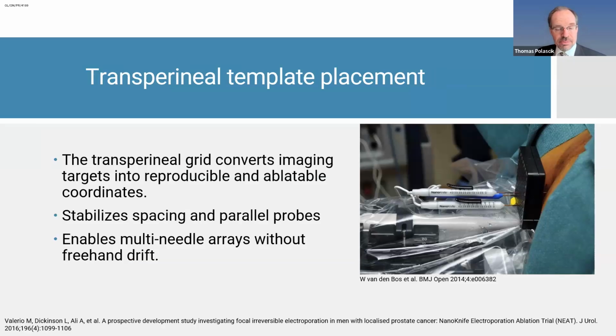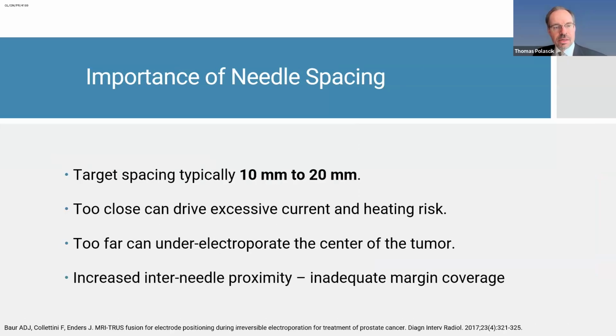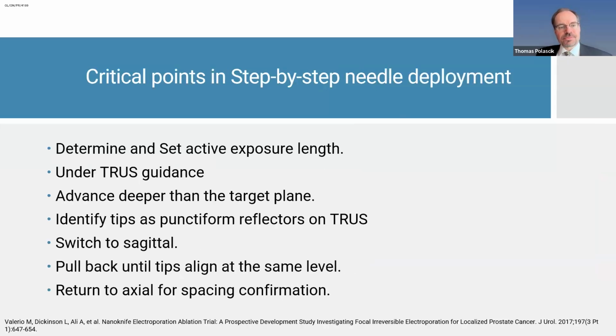A lot of our biopsies that we're doing nowadays are transperineal, so you're working within the same plane. Needle spacing is critical. As mentioned, you want it between 10 and 20 millimeters ideally. You want to avoid being too close or too far.